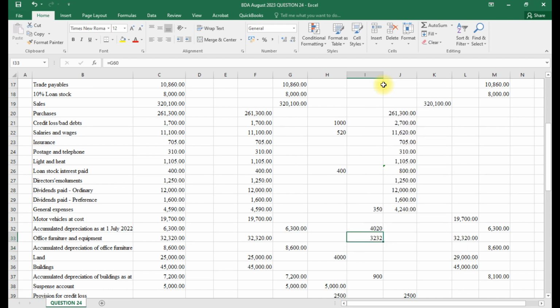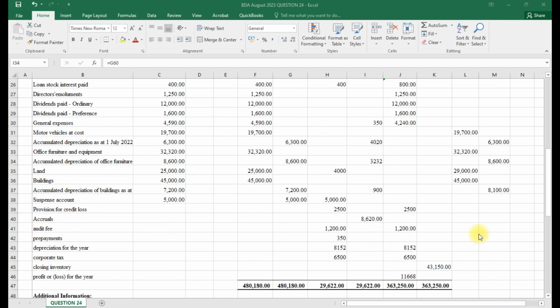Just cut this and paste it here. Okay, yeah, so for the accumulated of furniture here, I will add this adjustment of 32. Even for this one, I will add the adjustment of 40/20 that way.